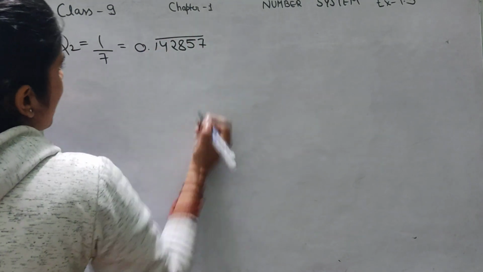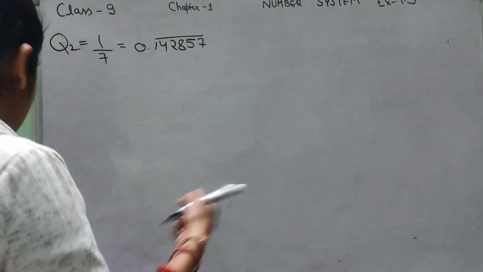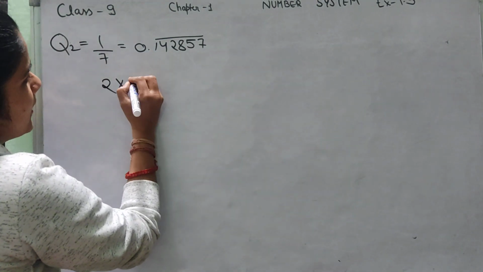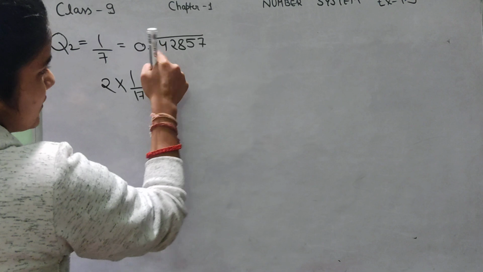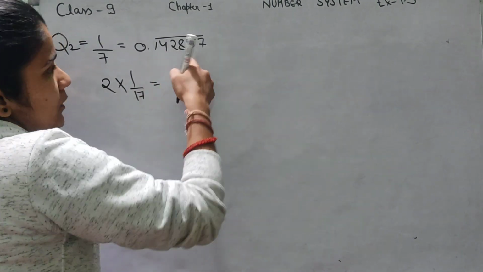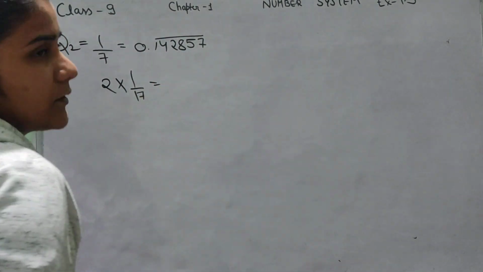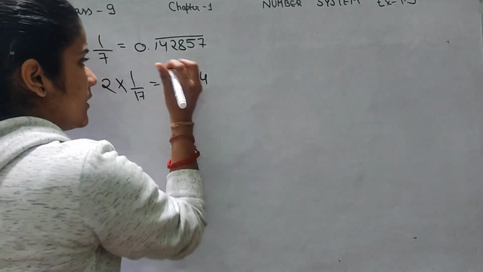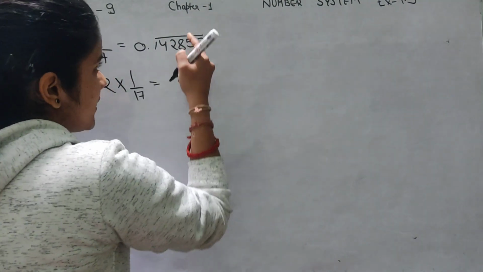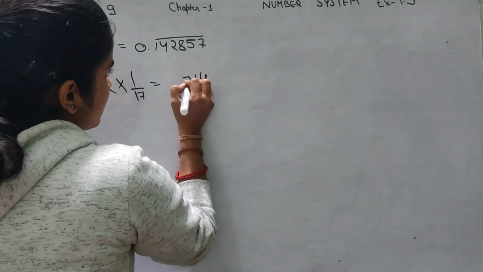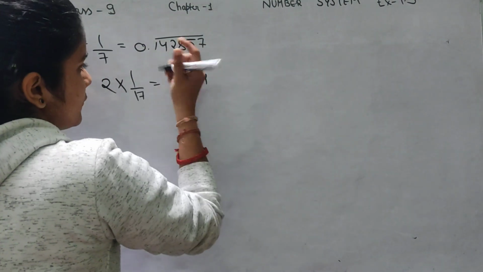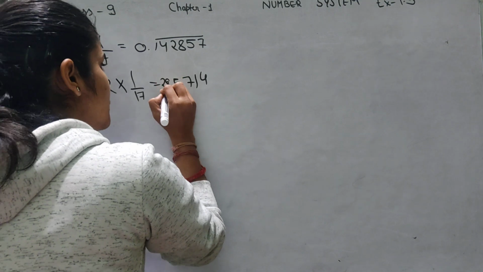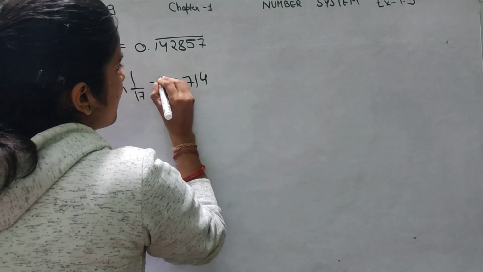You need to simply multiply 1 by 7 by this number. So 7 twos are 14, carry 1, 5 twos are 10, carry 1, which is 11, 8 twos are 16, plus 1 is 17, carry 1, 2 twos are 4, plus 1 is 5, 4 twos are 8, and 2, it is 0.2.